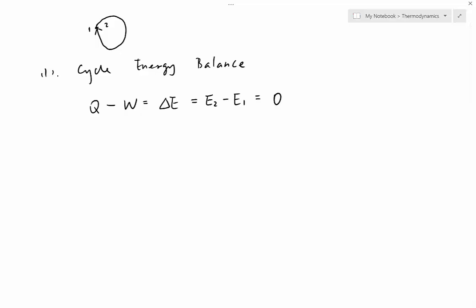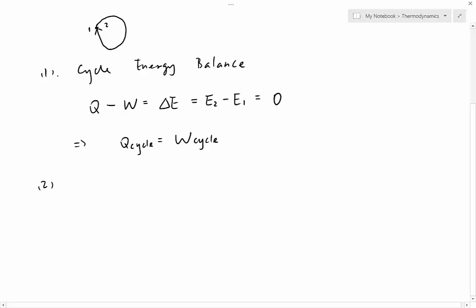So if we rewrite this equation, we're going to get Q equal to W. Move W to the right hand side, and then we give it a subscript. It's for a cycle. What it tells you is if you have a cycle, heat transfer must be equal to work. Okay, so that's the first thing, energy balance for a cycle.